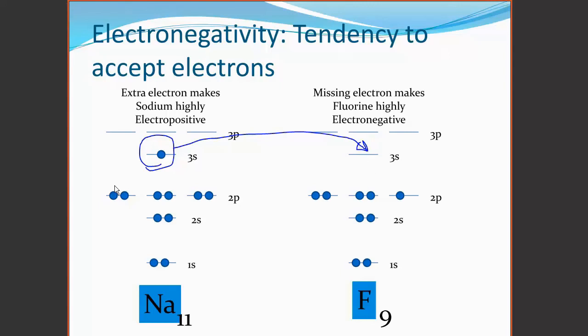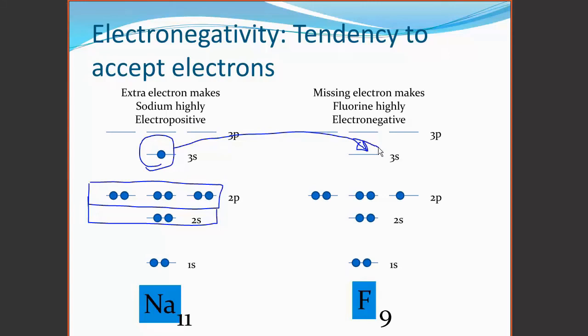A simple way to look at this is to say that the atom is stabilized if the resulting outer shell is full. We can see here that with sodium this can be accomplished if the single electron in the n equals 3 shell is removed.